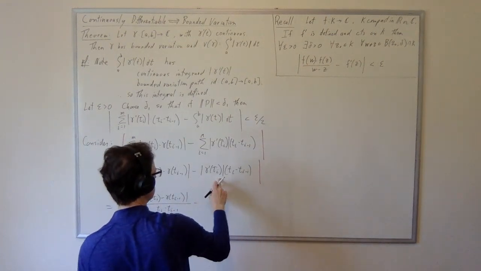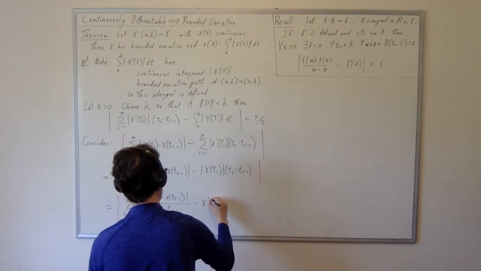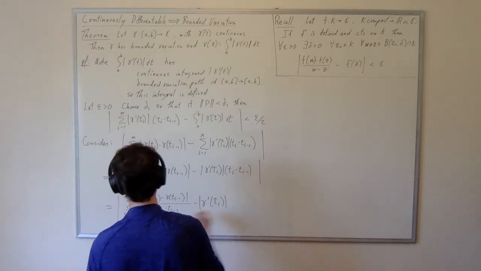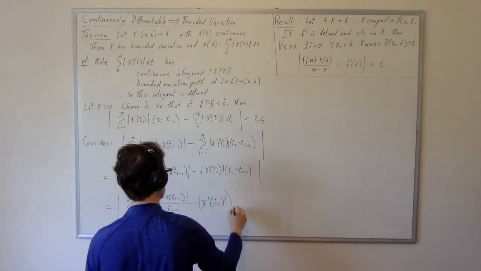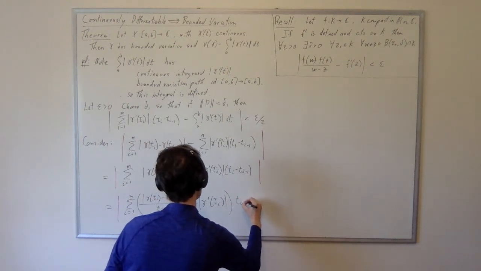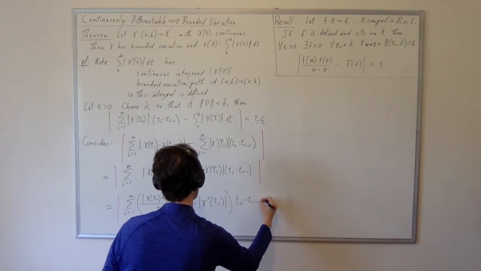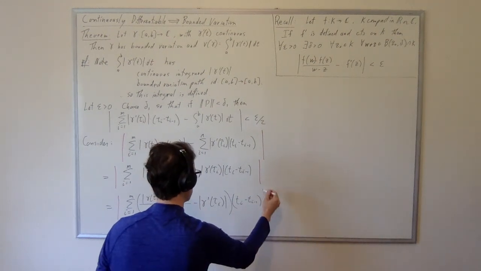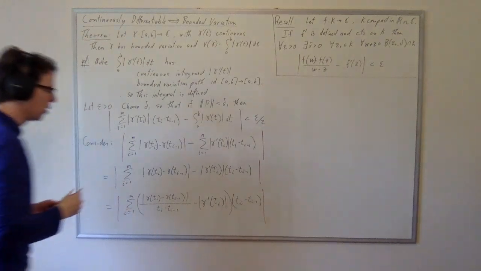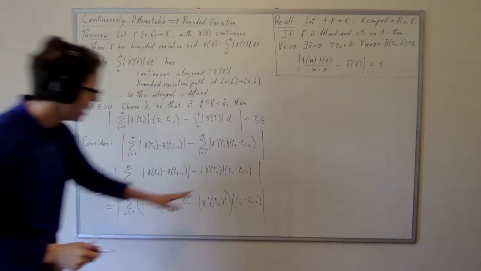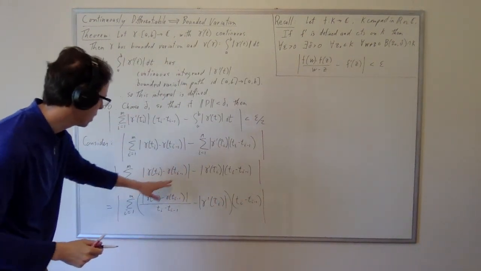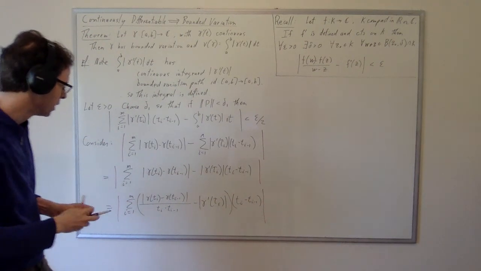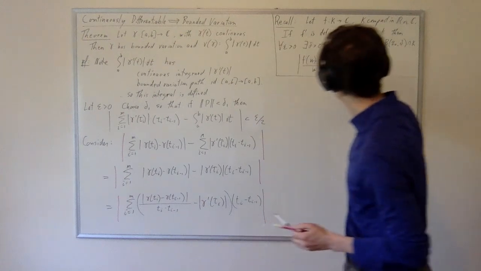And that's minus, and now I'm going to factor out of the modulus of gamma prime of tau_i, and then everything is going to multiply t_{i-1}. It might not be at all clear why I want to do that, right? But I want to factor the t_{i-1} out of that product. There isn't one here, so I'll put it here. Now, the reason I want to do this is because I want to start thinking about this.